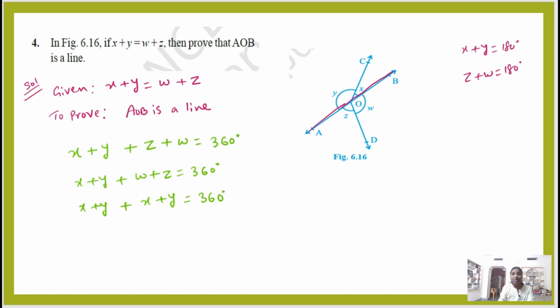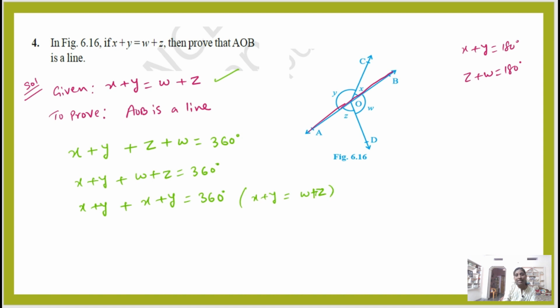Because we are using the given information. Here it is given x plus y is equal to w plus z, so both are same. So I can write x plus y in place of w plus z. We can write it here as the reason.